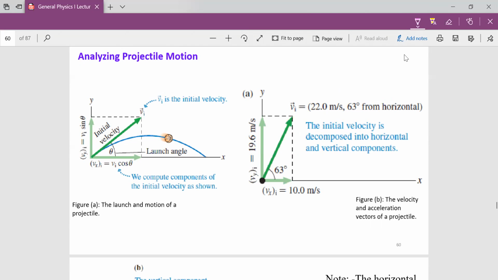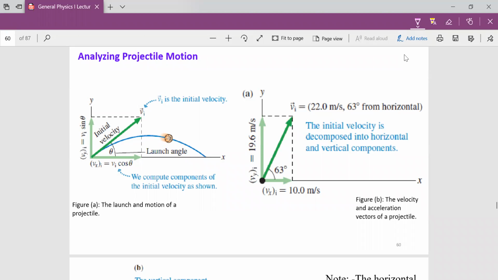So let's look at figure A, the launch and motion of a projectile. You look at the ball, it was launched at an angle, which we'll call the launch angle. We saw this kind of angle also when we were discussing the motion on a ramp, the inclination angle in that case. But in projectile language, we call it the launch angle, okay? So the ball was launched at a particular angle, and we can see the initial velocity of the ball before it took the curved path.